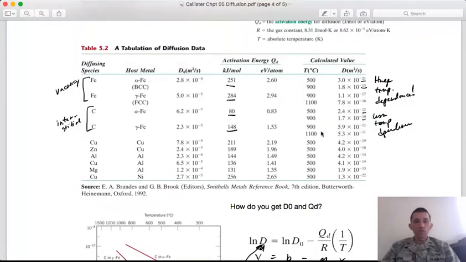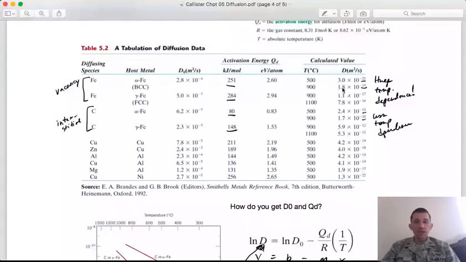If we compare the same temperature, 900 here and 900 here, we get about 2 orders of magnitude difference for the same diffusing species in the same element, just based on what the crystal structure is. So more open crystal structures are going to have a higher diffusivity because there's more open space for those atoms to diffuse through.